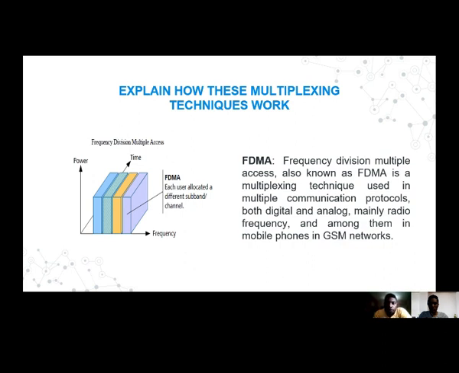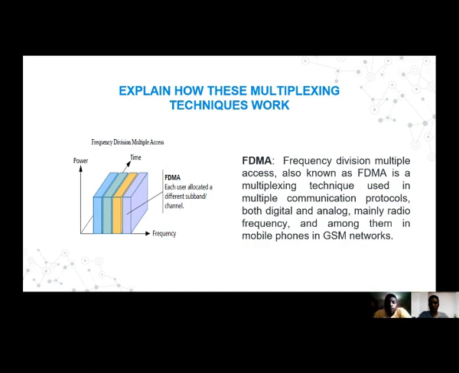FDMA, or frequency division multiple access, is a multiplexing technique used in multiple communication protocols, both digital and analog, mainly radio frequency, and among them in mobile phones in the GSM network.